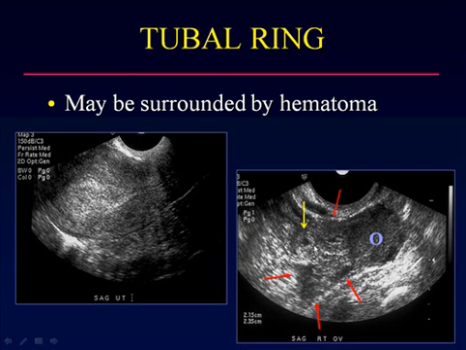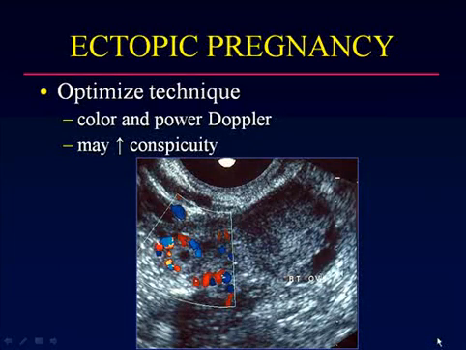We couldn't see a yolk sac or an embryo, but note this amorphous material surrounding it. It has a typical geographic appearance with these triangular margins or pointed margins as that hematoma interdigitates between the loops of bowel. And this is a very classic appearance of hematoma surrounding the echogenic ring of the tubal pregnancy.